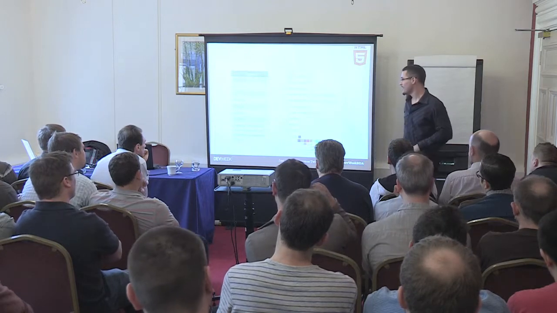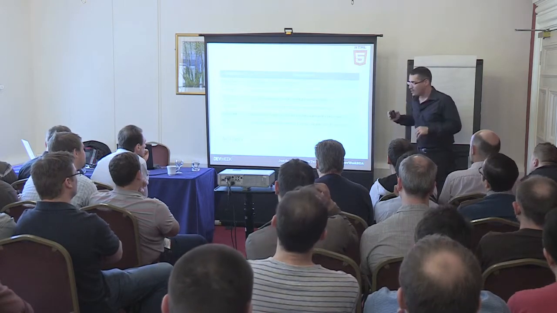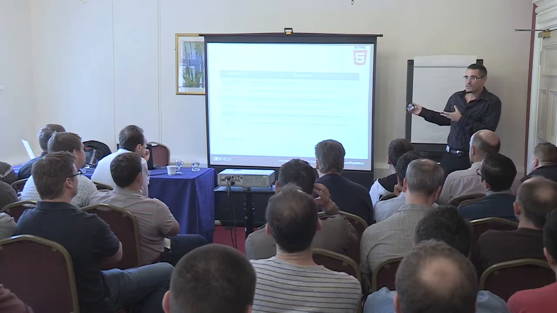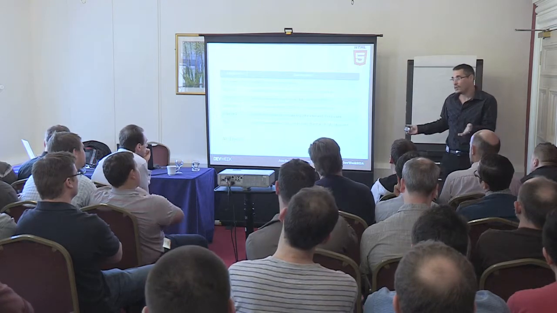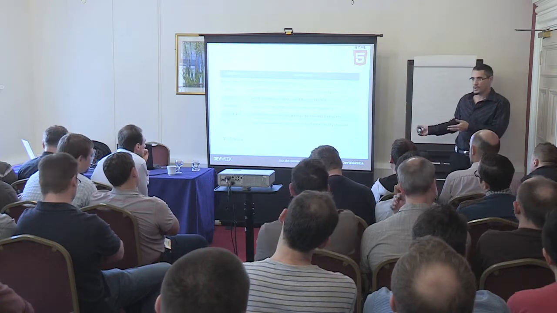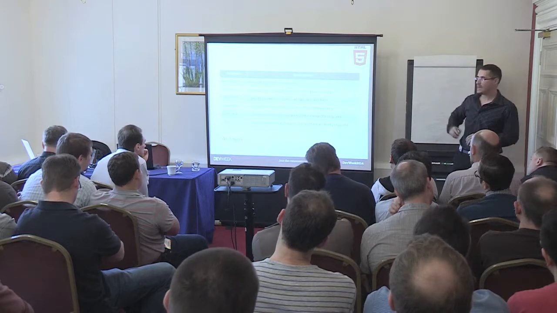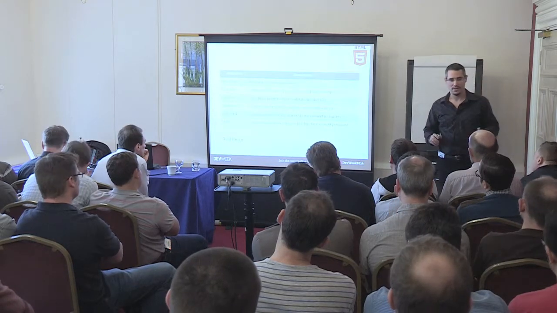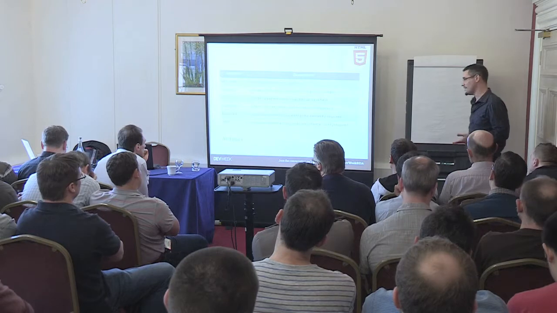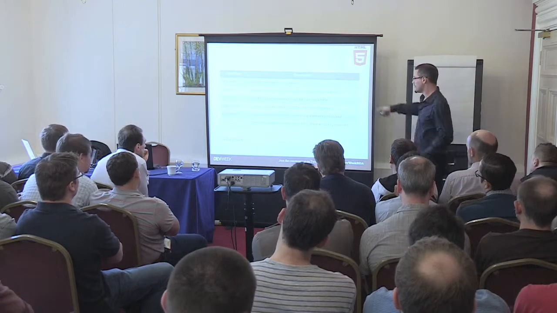Okay? So with all of these input types, we need a lot of new attributes. For example, min and max help you to validate the minimum and maximum value that a text box can get. Multiple.